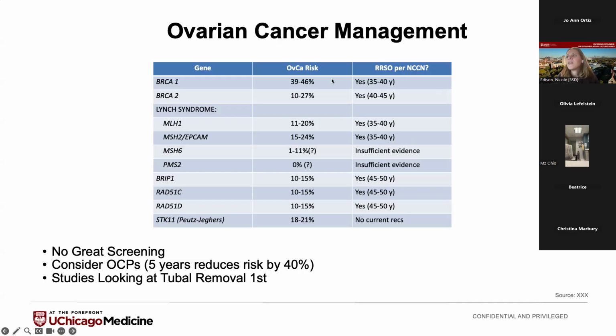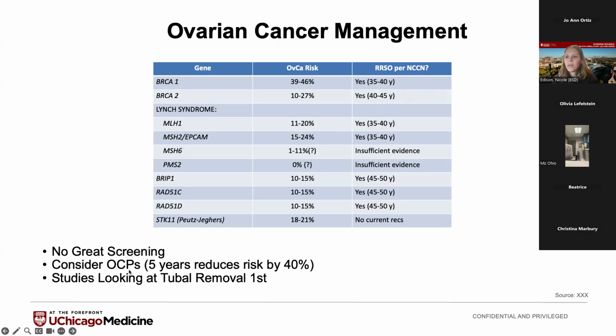For BRCA1 patients, we recommend this as early as 35, and for BRCA2 as early as 40. And then there are some other genes as well that we do recommend ovarian removal from. Some of these actual numbers have changed a bit over the years, and guidelines come out every year, but these have stayed relatively stable.